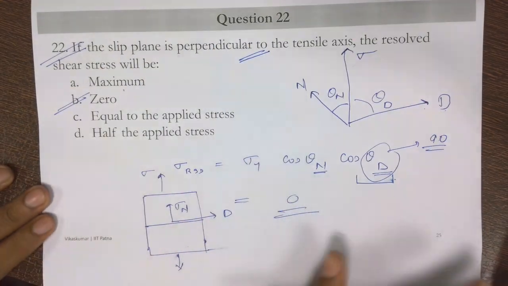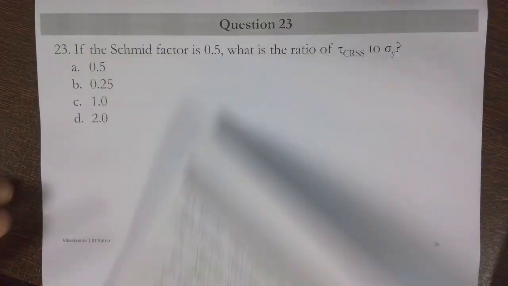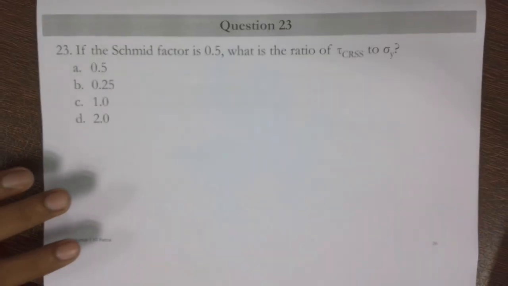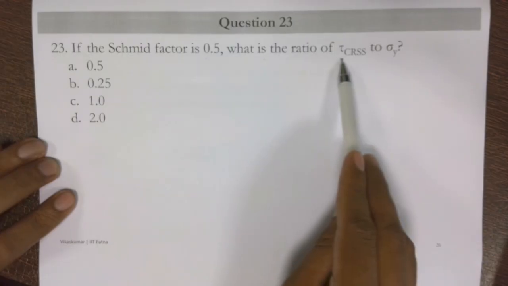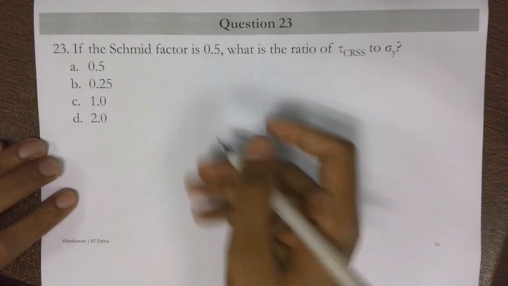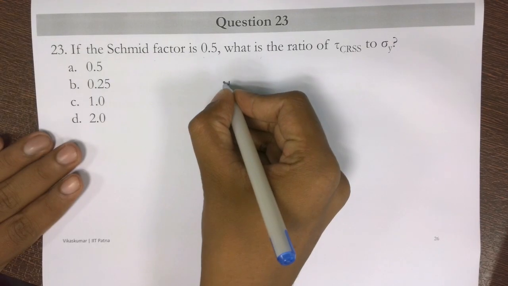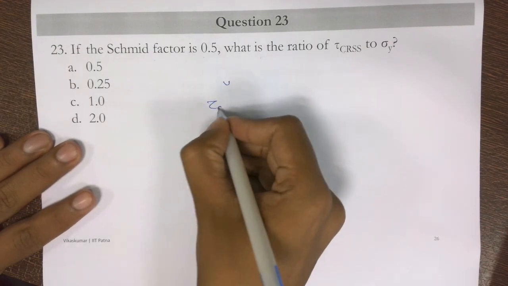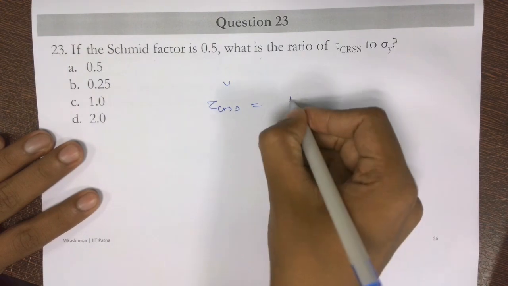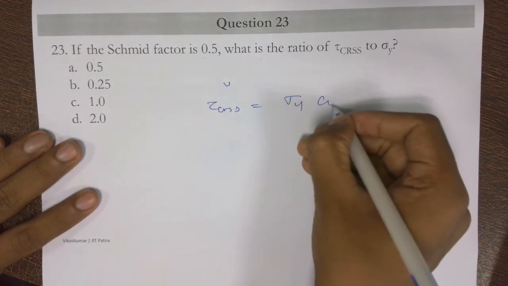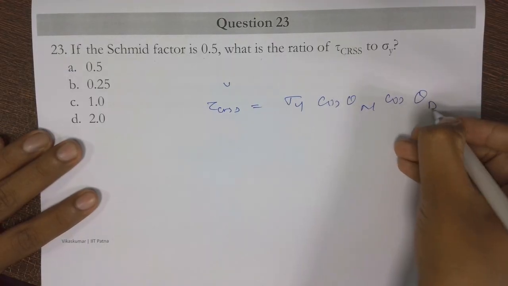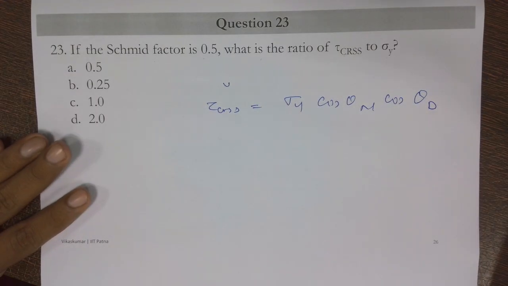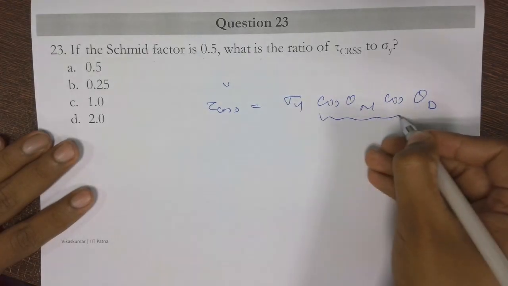Great. Let's move to the next part, question number 23. If you have any doubt, you can let me know. In Schmid factor, if the Schmid factor is this, what is the ratio of CRSS and sigma y? Very easy. We know that tau CRSS is equal to sigma y times the Schmid factor, which is cos theta n cos theta d. This is given to us as 0.5.